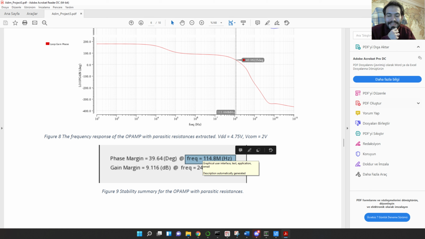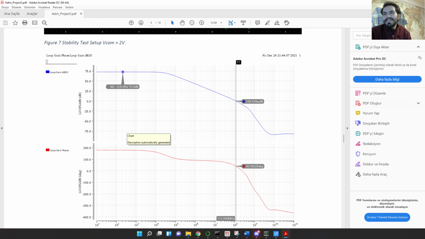My first op-amp design was a folded cascode that had a gain bandwidth product of like 60 megahertz, and this design has 113, 14 or 15 megahertz depending on how you round it. So I am quite proud of it, and if this rate of increase continues, I should be able to make gigahertz gain bandwidth product amplifiers quite soon.